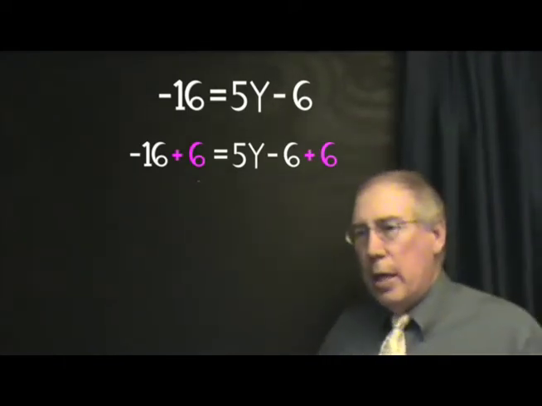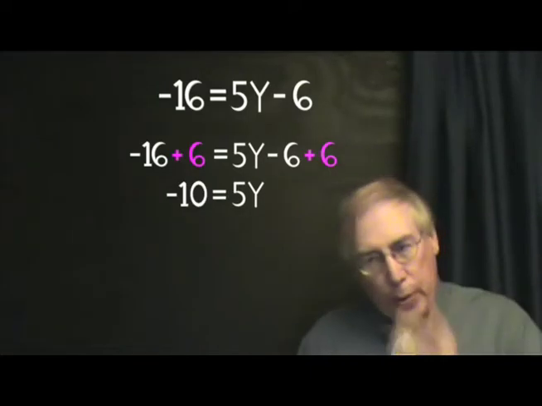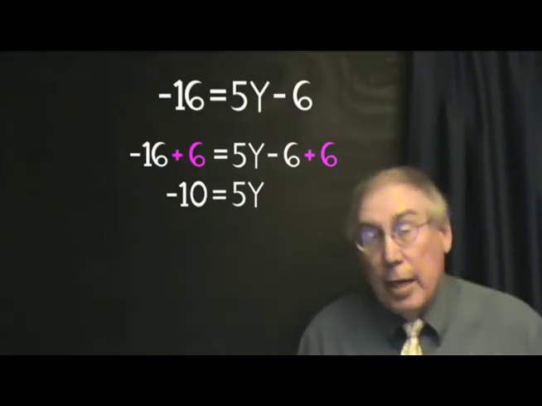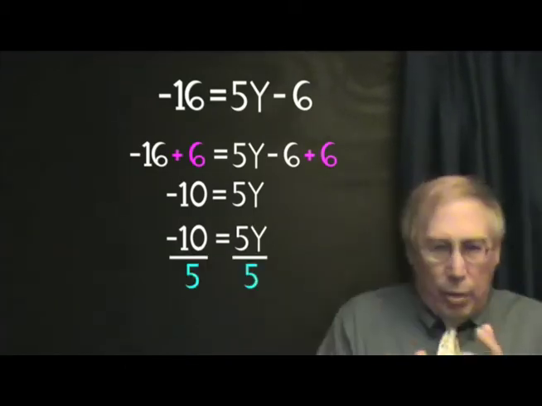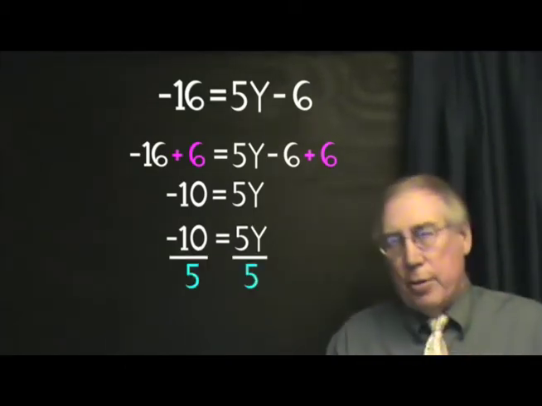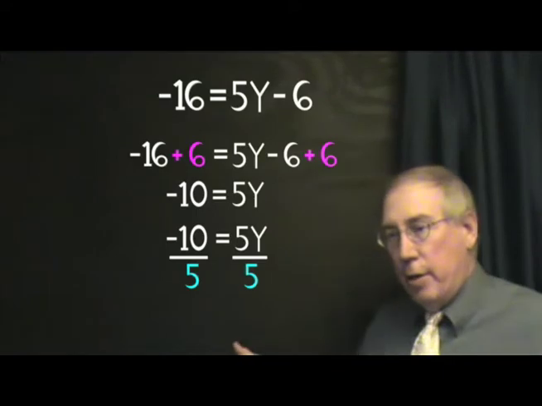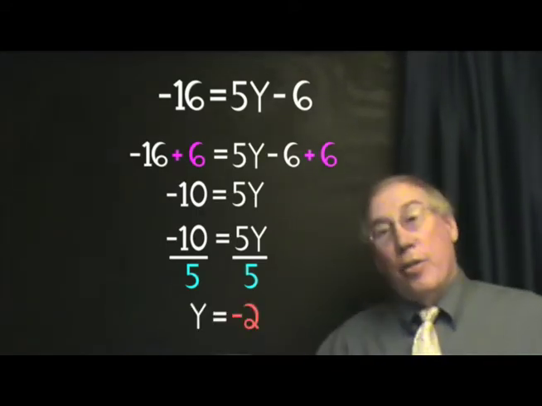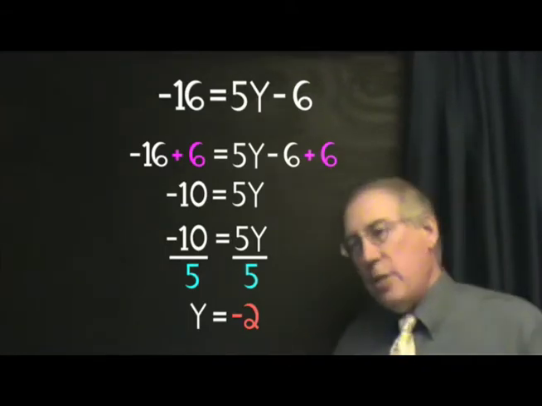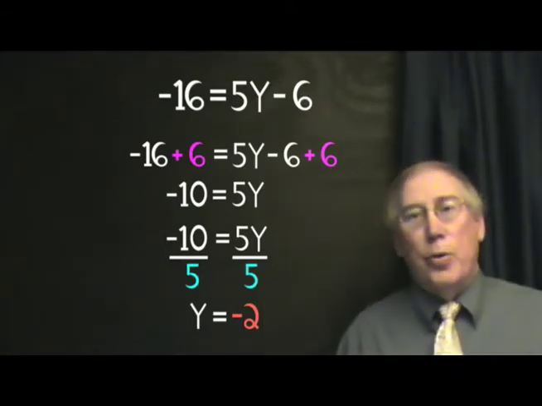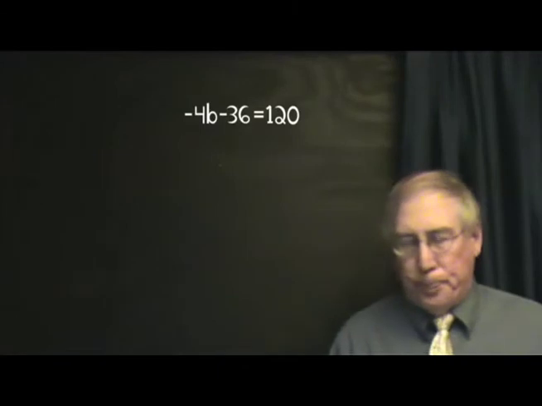So what we get is a negative 16 plus a 6 on the left-hand side. Now, a negative 16 plus a 6, you can subtract and put the sign of the larger number. So we get negative 10, and then equals 5y. Then divide through by 5. And then since we got a positive 5 and a negative 10, we get a negative 2 as our answer.